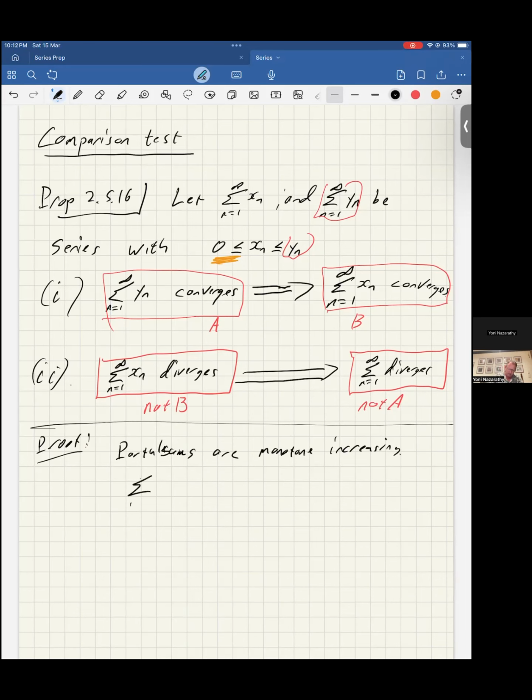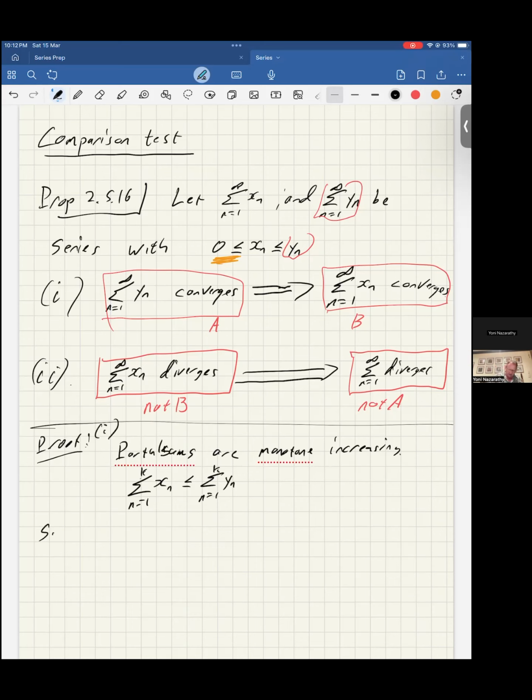So the partial sum from n=1 to k of the x's is also bounded by the partial sum from n=1 to k of the y's. And we're proving 1. So I'll just prove 1, since 2 is a contrapositive.